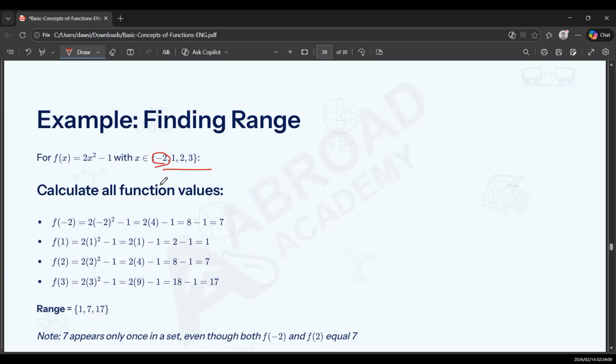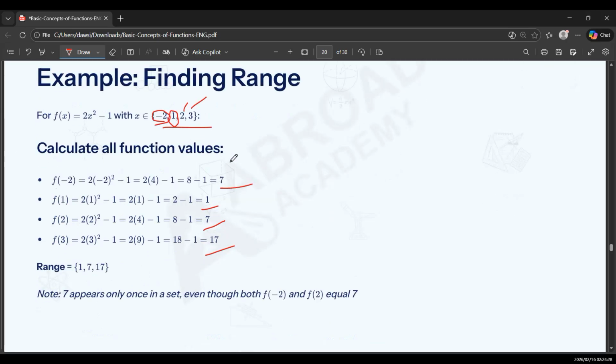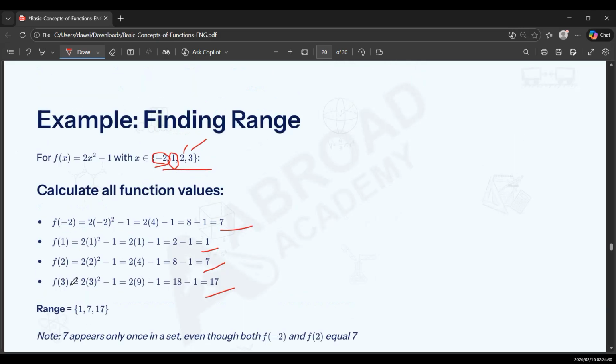If you replace x by minus 2, we get 7, and if we replace x by 1, we get 1. For 2 we get 7, and for 3 we get 17. That means the range is 1, 7, 17.